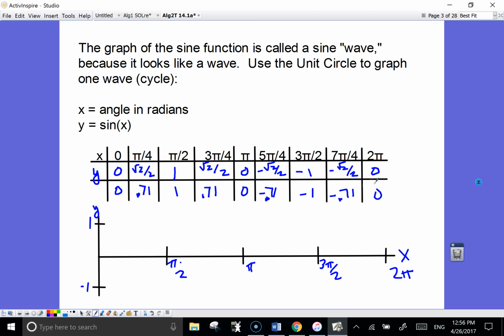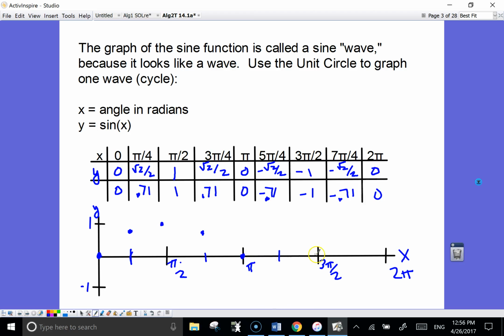So now I can graph these, right? 0, 0. Pi over 4, which should be halfway through there, is 0.71, so maybe it's about right there. Pi over 2 is a 1. 3 pi over 4 is another 0.71. At pi, we're at 0.